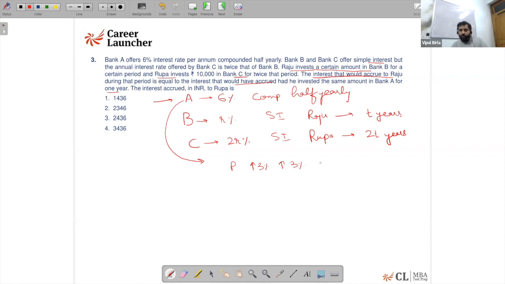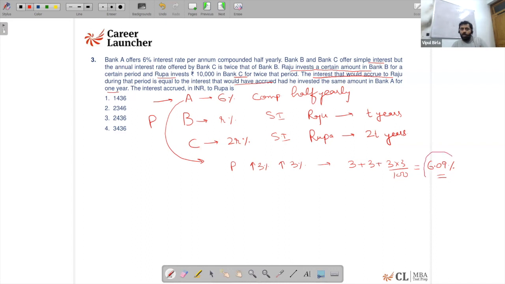So therefore, at the end of the year, effectively, the net interest will be A plus B plus AB by 100. We can calculate with the help of the successive change formula, which is coming out to be nothing but 6.09%.